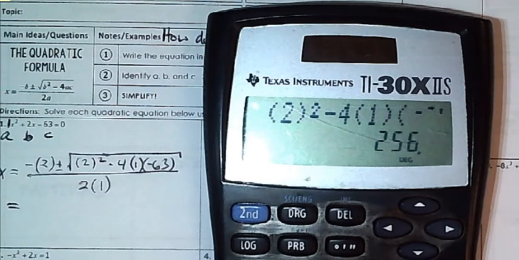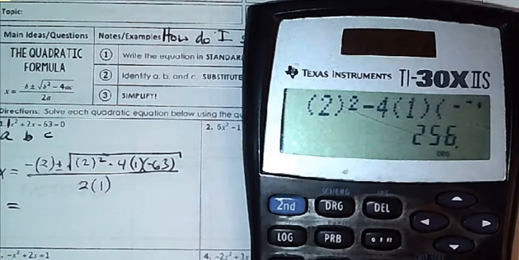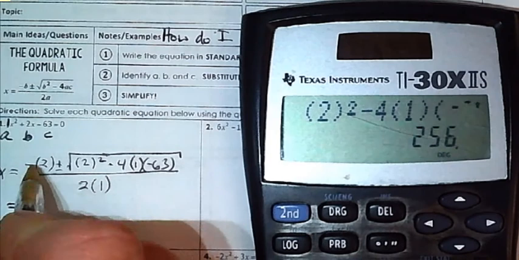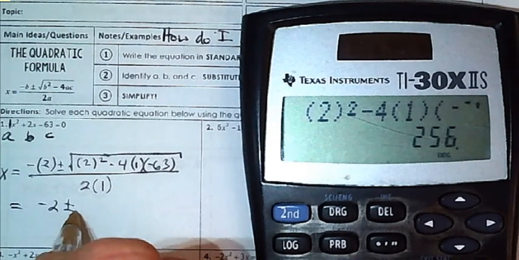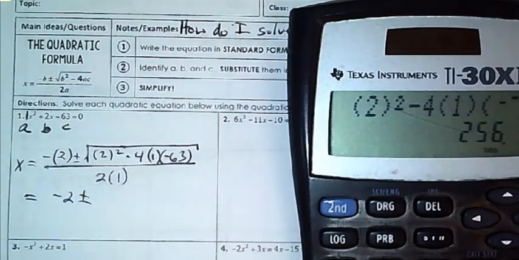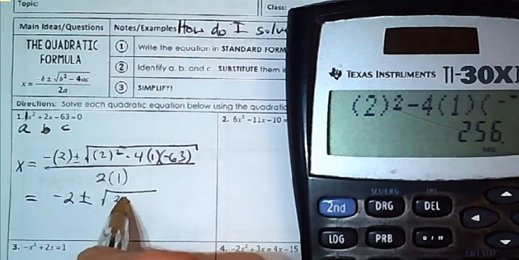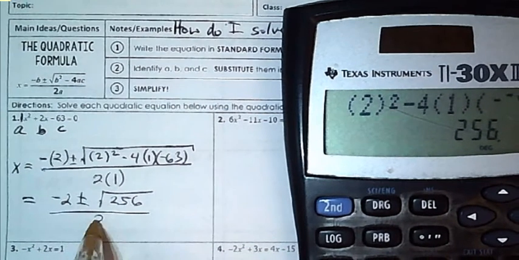And you get 256. So I'm going to bring down this negative 2 plus minus the root of 256 over 2.